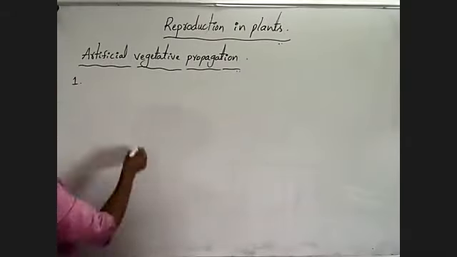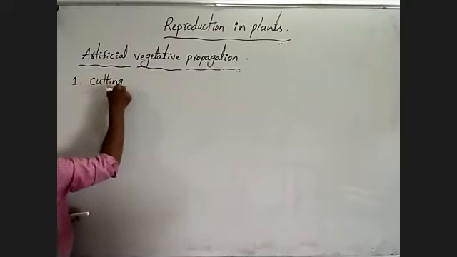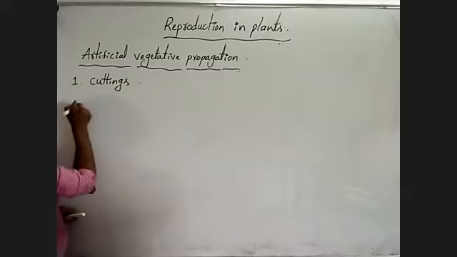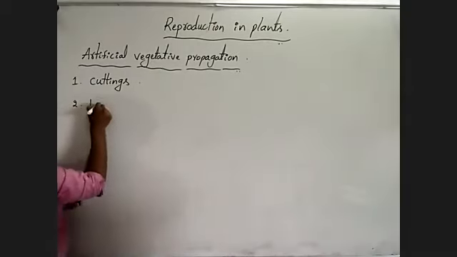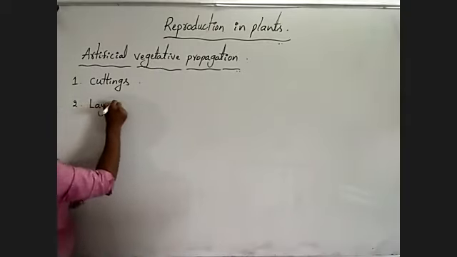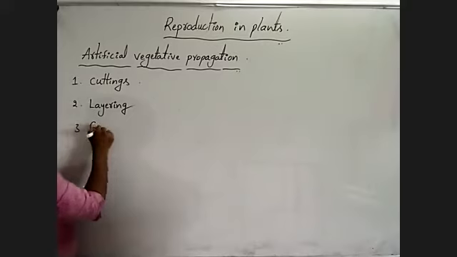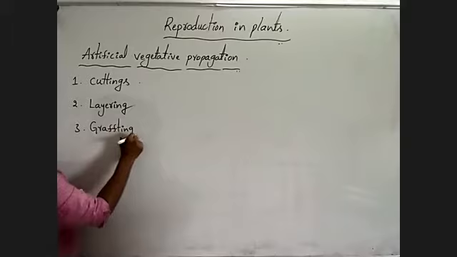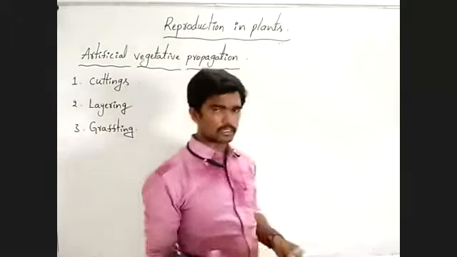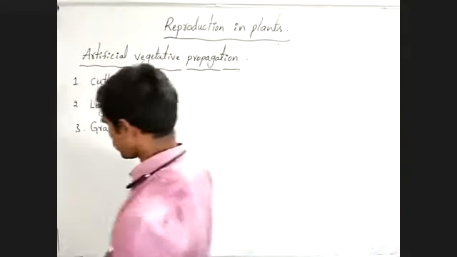First one, cutting. Second one, layering. Third one, grafting. Yes, these are three important types of artificial vegetative propagation method.